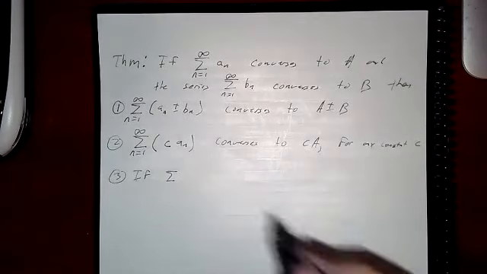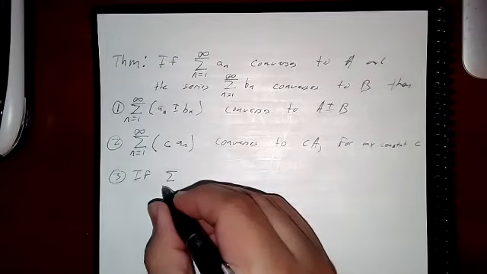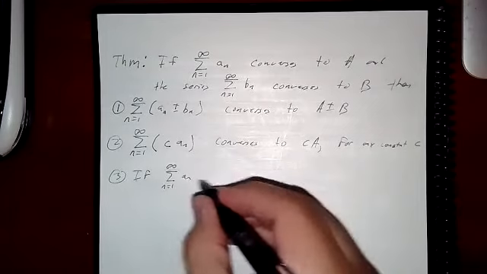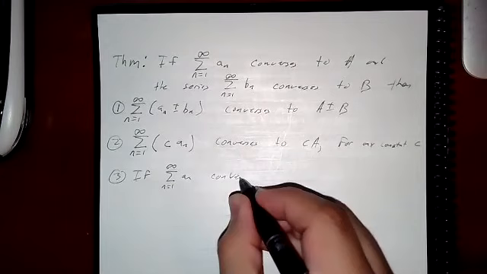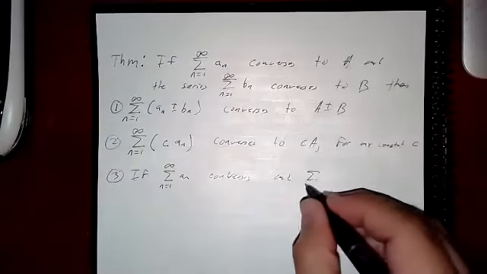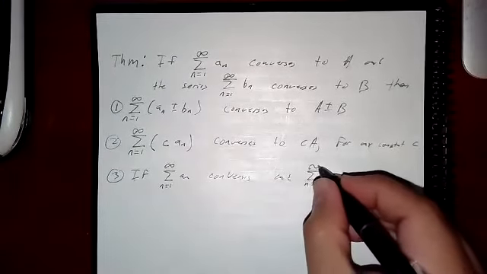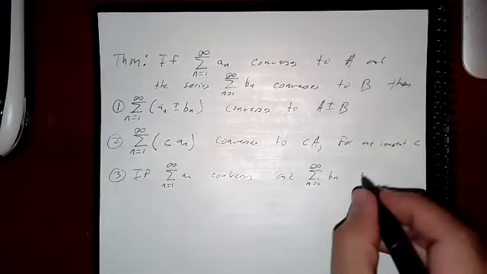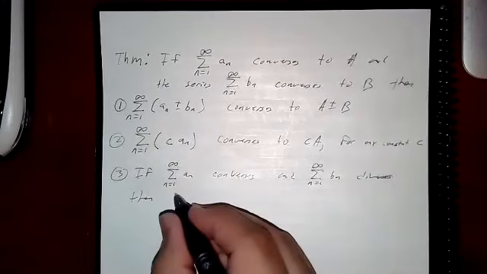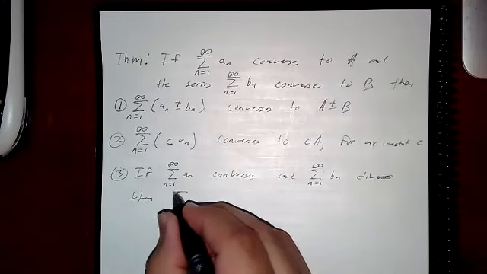Together they diverge. So let's say this first one converges and the second one diverges, then the sum of both of them diverges.